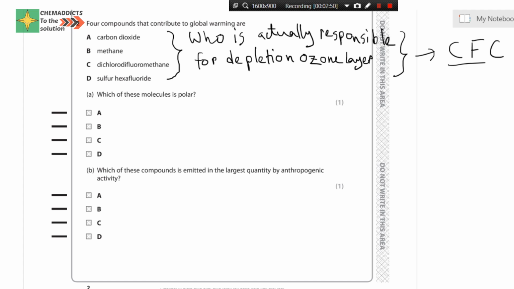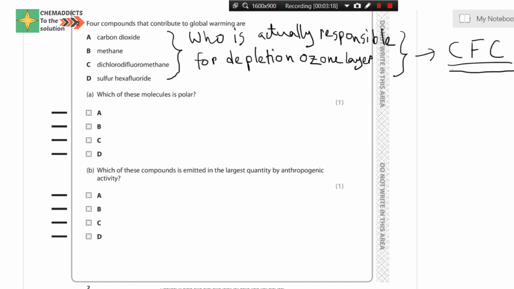The CFC group is the main criminal, the mafia. CFC is the main criminal behind killing our friend the ozone layer. So let's find the member of the CFC group. Let's find our suspect over here.